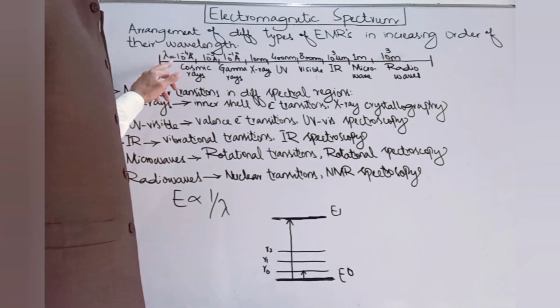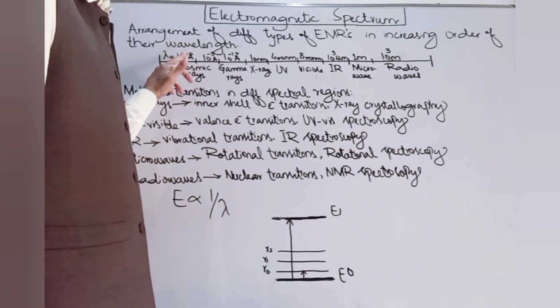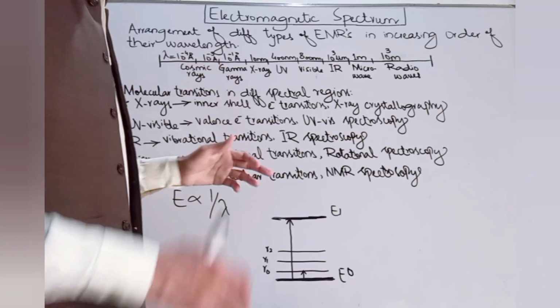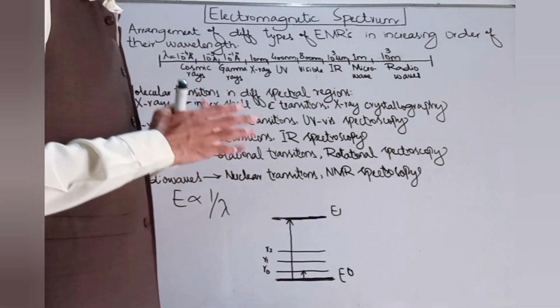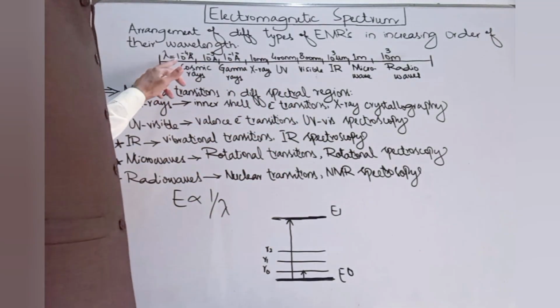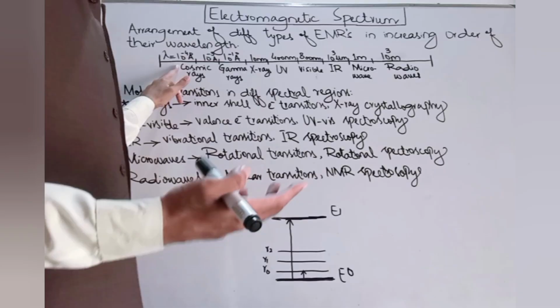The electromagnetic spectrum starts from 10 to the minus 4 angstrom. The units are very important, because if you do not mention the unit, you would not get an idea about the exact value of the wavelength. At the start, because the wavelengths are very small, we measure these values in angstrom.